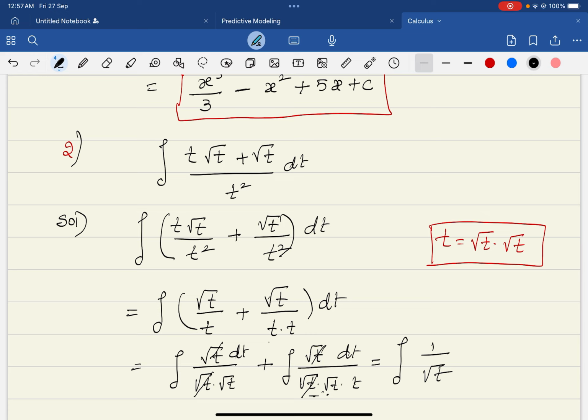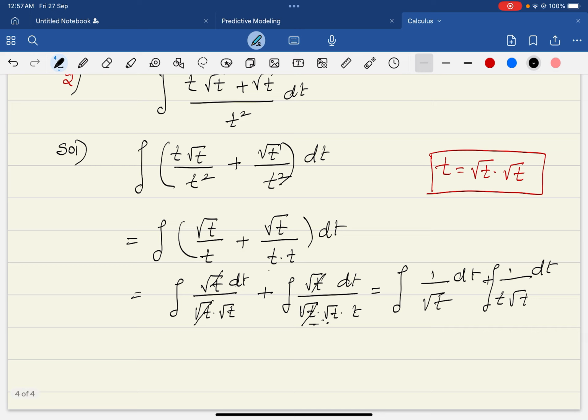So the integral of 1 over root t dt plus the integral of 1 over t root t dt. Now 1 over root t can be rewritten as t to the power of minus half dt, plus the integral of t into root t, which is t power 3 by 2 in the denominator, so t power minus 3 by 2 dt.